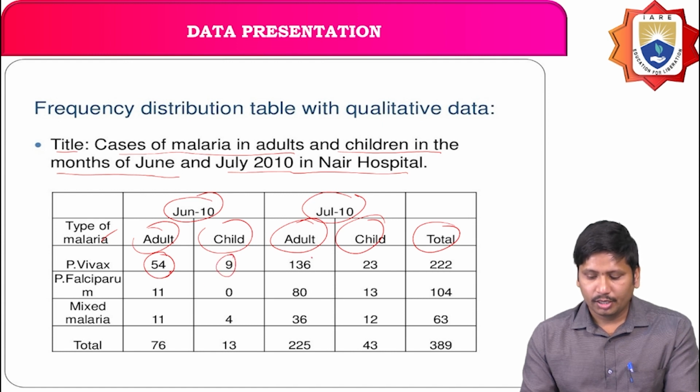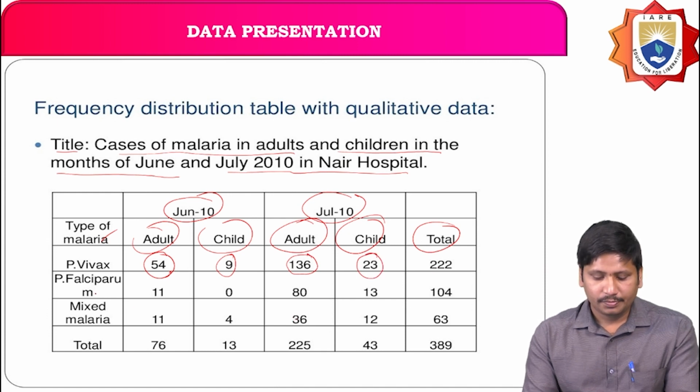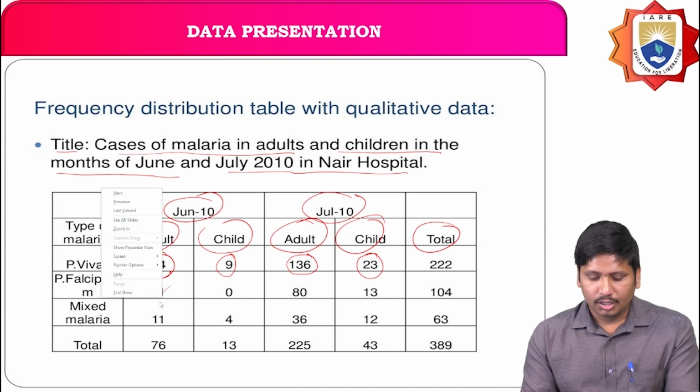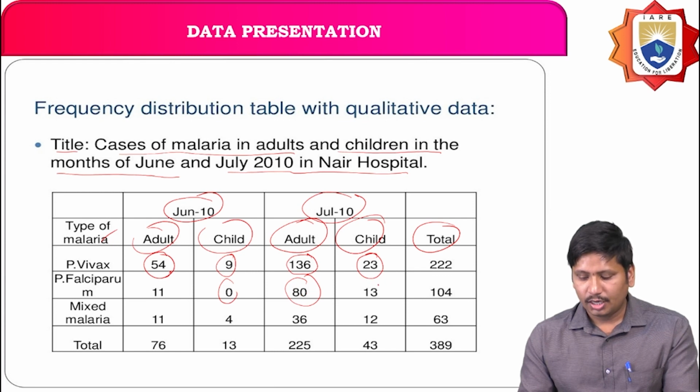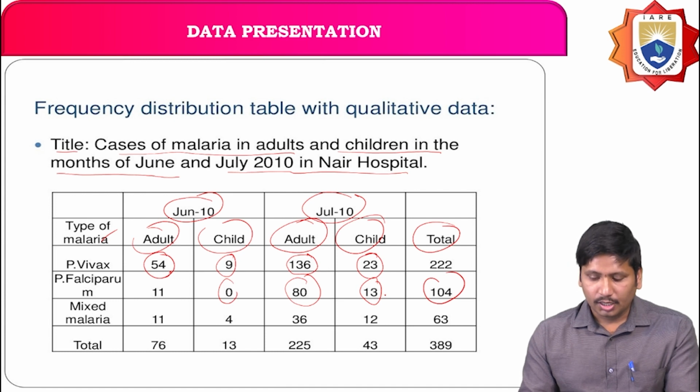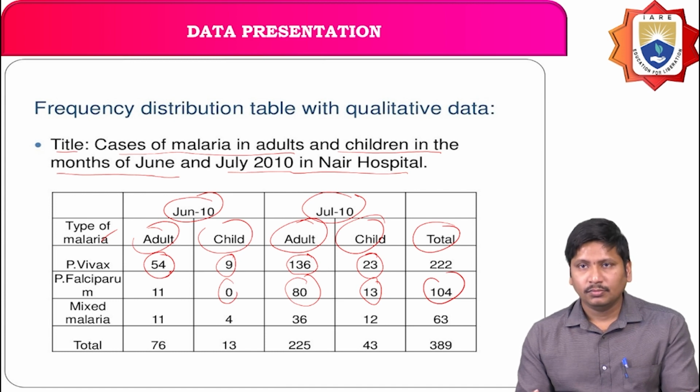Similarly, in the month of July, it is 136 in adults and 23 in children. So total 222. Similarly, falciparum, how many cases are available in June and July, adults and children, like 1 or 4. This is how I can represent the data.